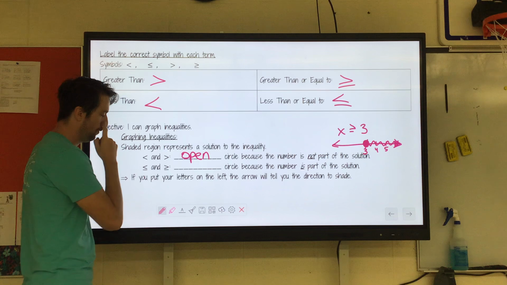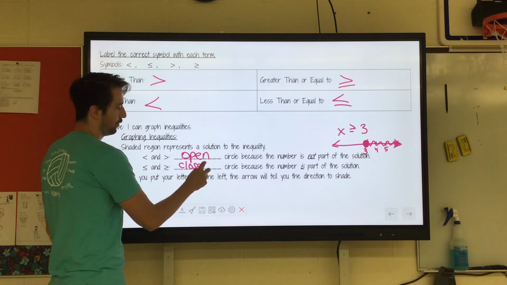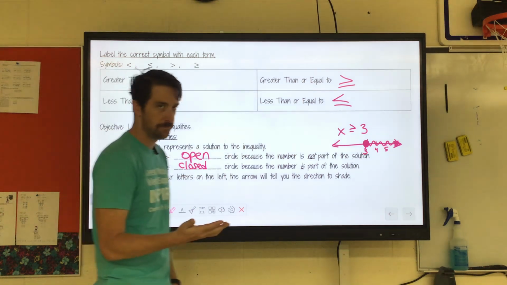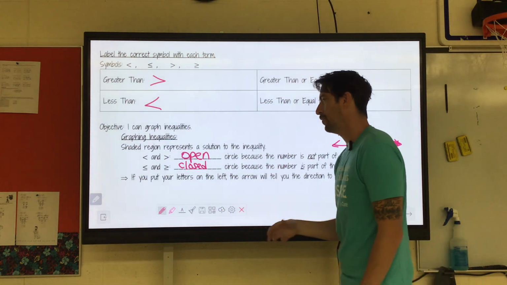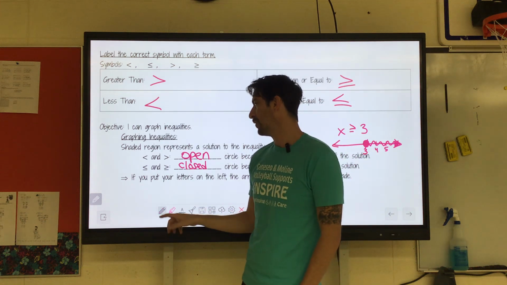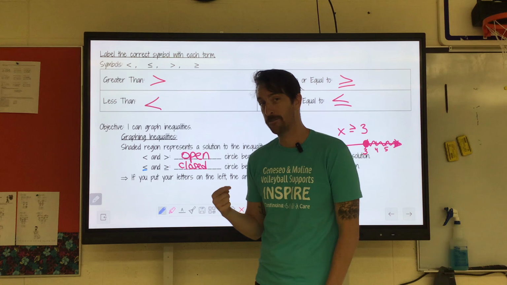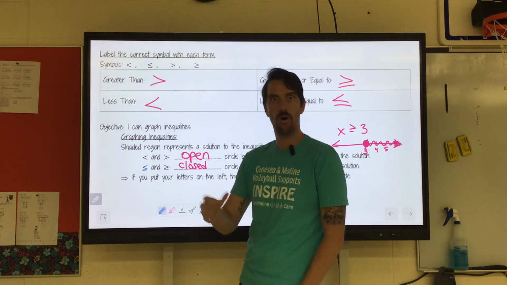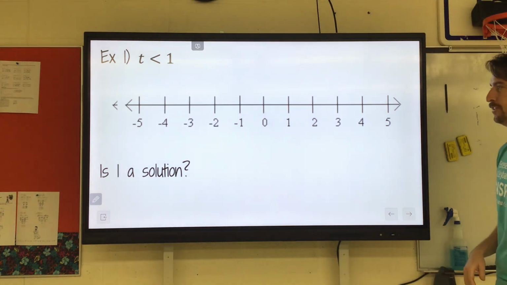And then if you have the or equal to's, it's going to be a closed circle or a full circle because it is part of the solution. So what I always try to remember is, if they're going to use the extra ink to put the or equal to, then I'm going to use the extra ink to fill in my dot. Whoa! That was free. I'm not even going to charge you for that.